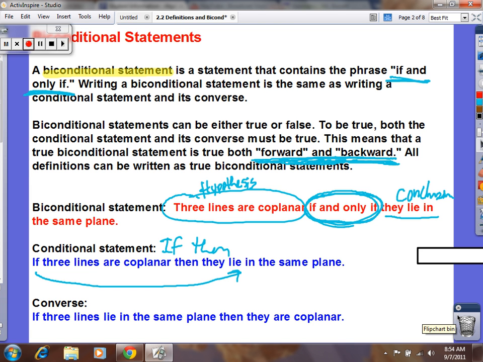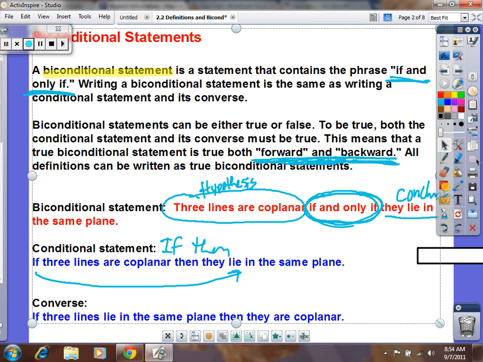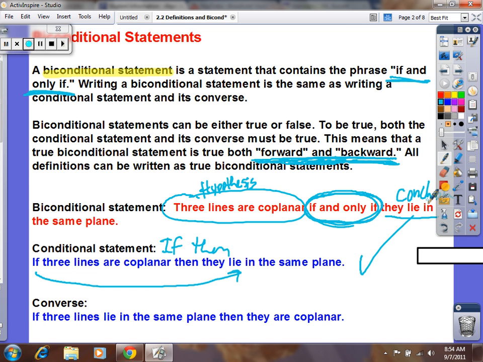Now, if both of these are true, then you got a true biconditional statement. Is the first one true? If three lines are coplanar, then they lie in the same plane. Is that true? Yes. Check. What about this bottom one?